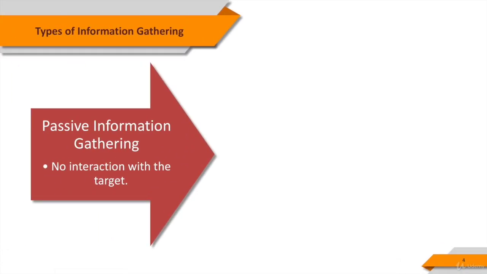There are two types of information gathering. The first type is passive information gathering. In this type of information gathering, you don't want to be detected by the target. In this regard, you don't use tools that send traffic to the target, neither from your host nor an anonymous one across the Internet.